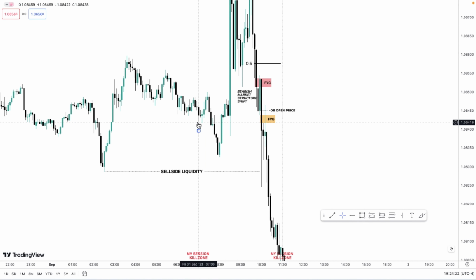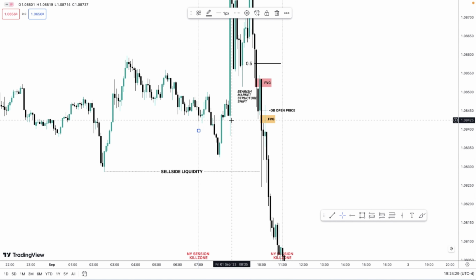I want to draw your attention to the 8:30 candle there, when the news released. The news are released at 8:30. On some days there'll obviously be more volatile news than others, and on some days we'll have less volatile news than others.